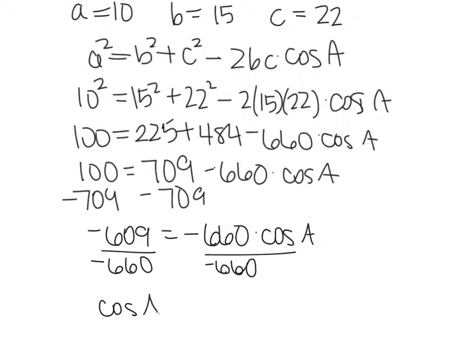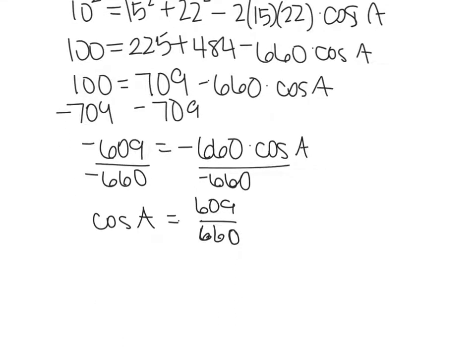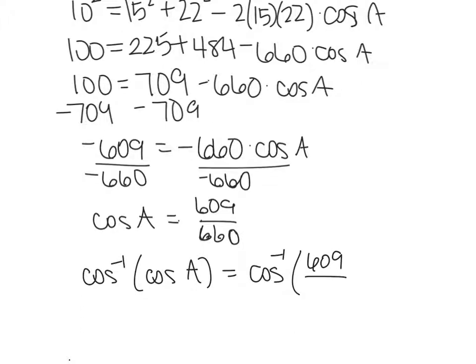We get cosine of A equals, and we're going to leave it as a fraction so that our answer is as exact as possible. A negative divided by a negative is a positive, so we get 609 over 660. To solve for angle A, we take the inverse cosine of both sides, and we get that angle A equals 22.67 degrees.